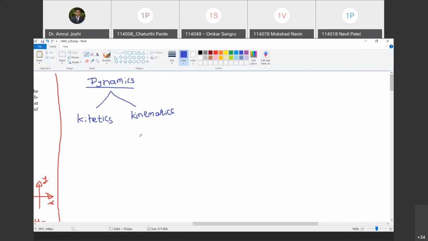Kinematics is a description for a point. Pardon? So motion of points, objects, kinematics. And then what is kinetics? Mukshad, I lost your voice.